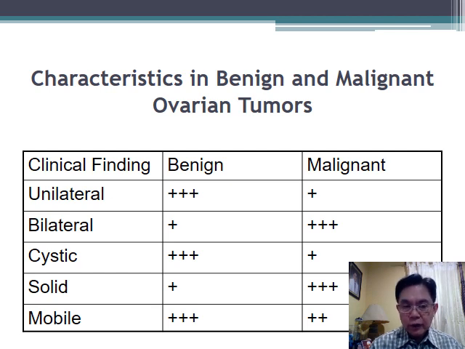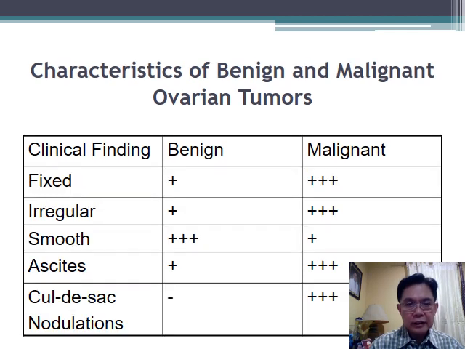Mobility, or masses that are easily movable within the abdominal cavity, probably indicates a benign ovarian tumor. On the other hand, a fixed or very hard to move ovarian tumor might relate to malignant conditions.